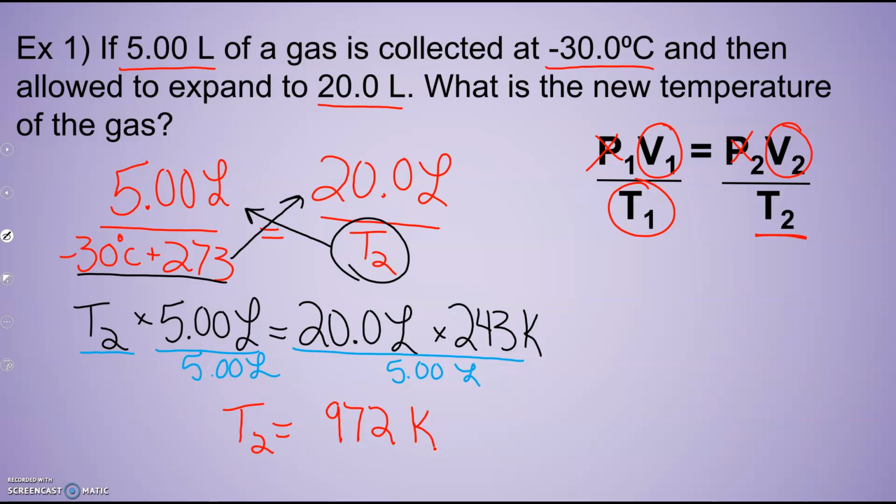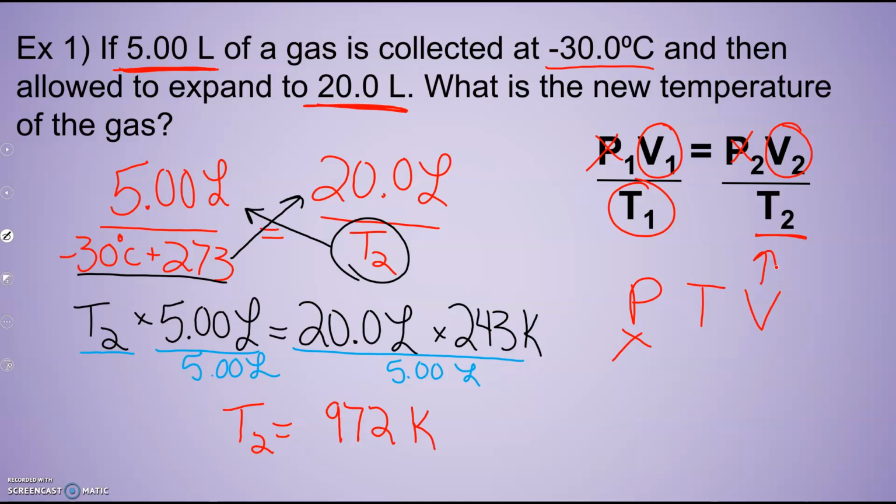All right, last thing I want you to do is kind of keep in mind, does this answer make sense? So think back to when we were doing PTV. Okay, so if P is not changing, leave it out. We saw our volume go from 5 to 20. So our volume went up.